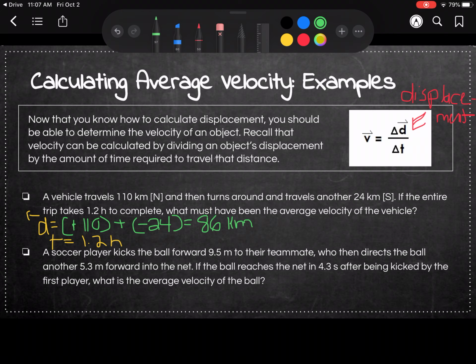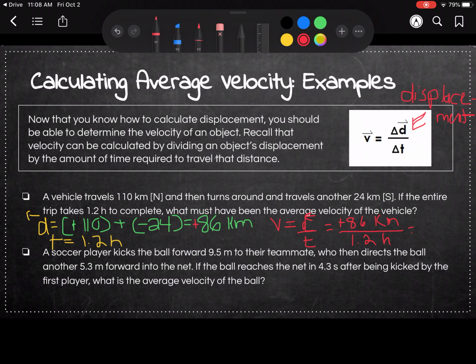Now we can plug that into our formula. So our formula is v is equal to d over t with a little arrow. We are going to plug in 86 kilometers. That's going to be a positive, so we have to keep that direction in there. Divided by our 1.2 hours.